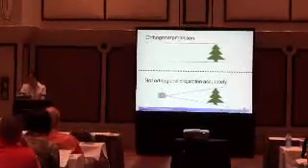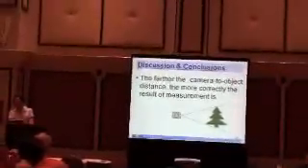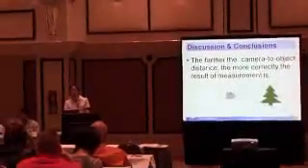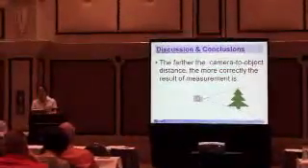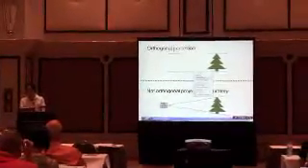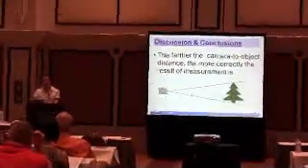So this causes error. The farther the camera to object distance, the more accurate the result of measurement is, because the farther the camera to object distance, it gets nearer to orthogonal projection. So this is relatively low error.